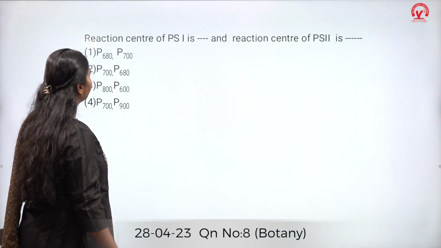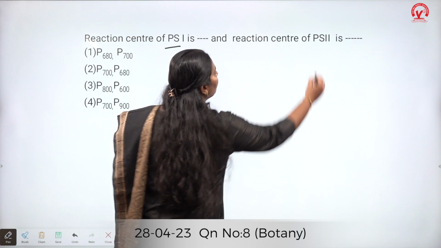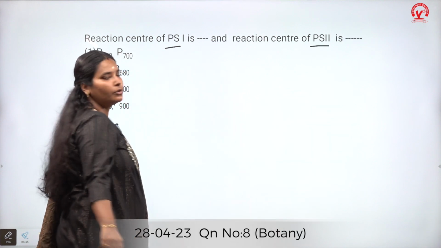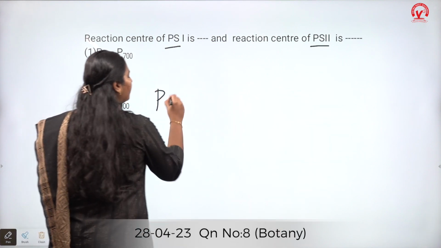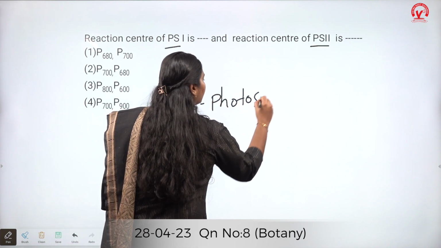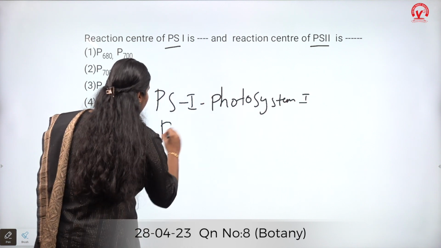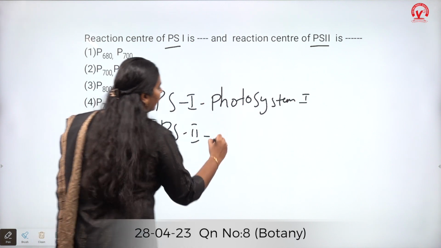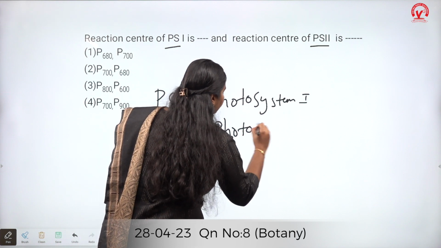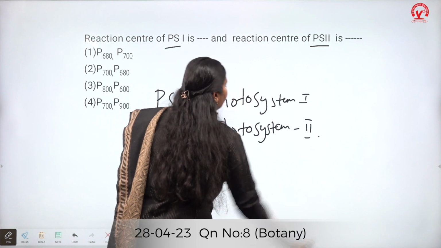The reaction center of PS1 is, and the reaction center of PS2 is. Here PS1 means photosystem 1, and PS2 is photosystem 2.